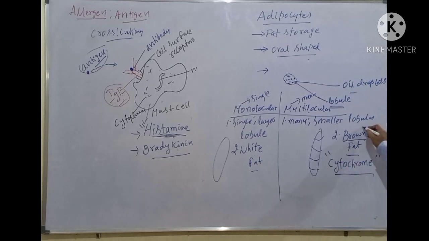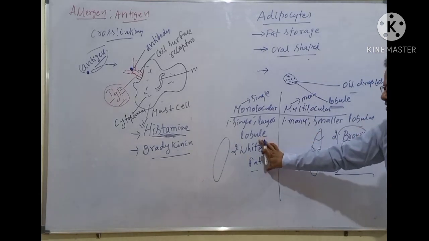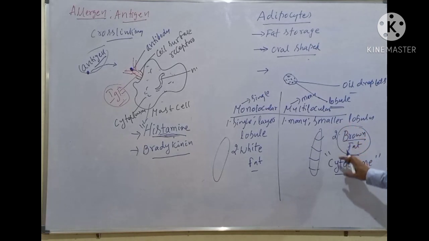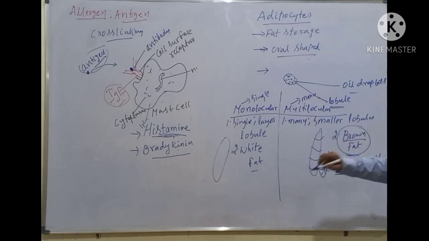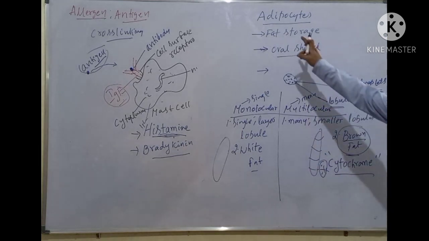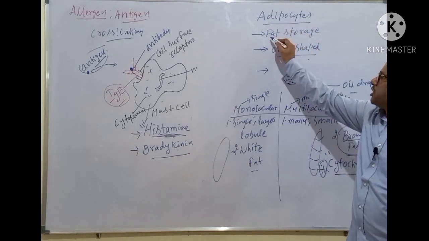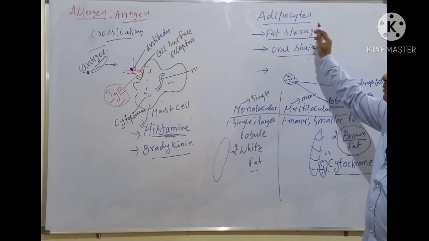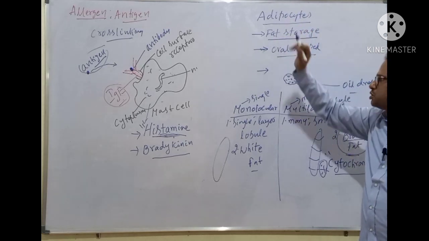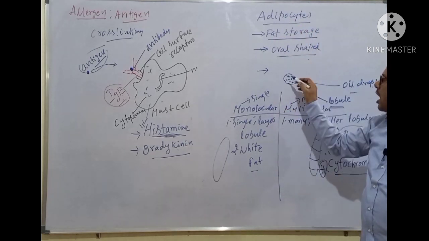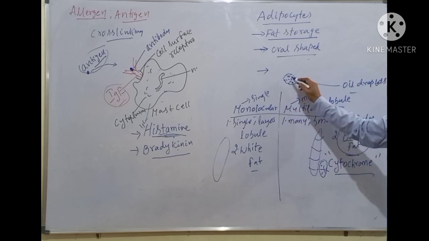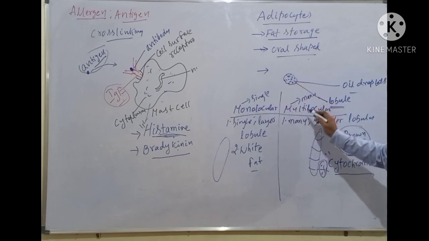The brown color is important to this fat, whereas cytochrome is absent here, that is why it is white in color. Whereas here it is brown in color because of the pigment called cytochrome. Important point. Clear, students? That's about the adipocytes: the special cells for the storage of fat present in the areolar connective tissue, oval shaped cells with many droplets, and basing on this, monolocular and multilocular.